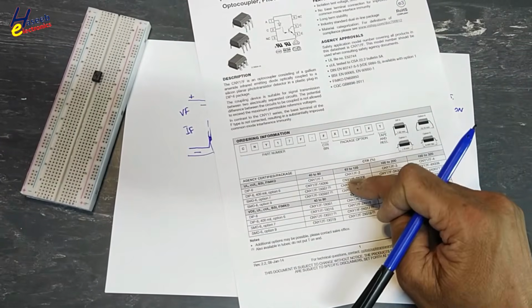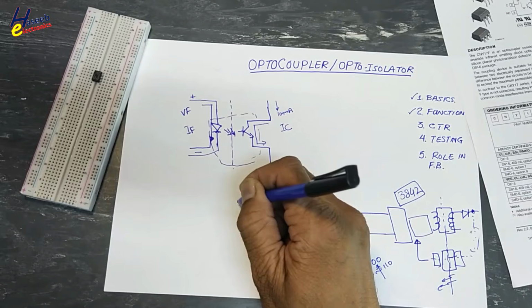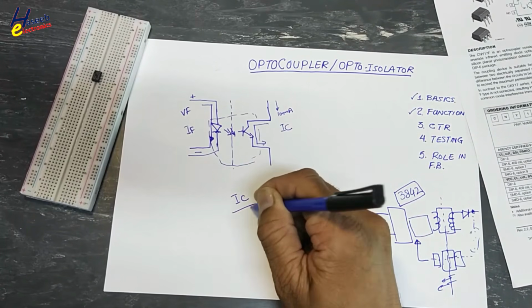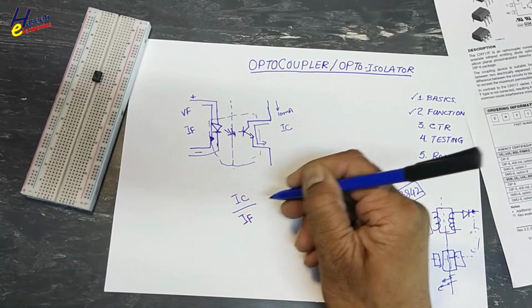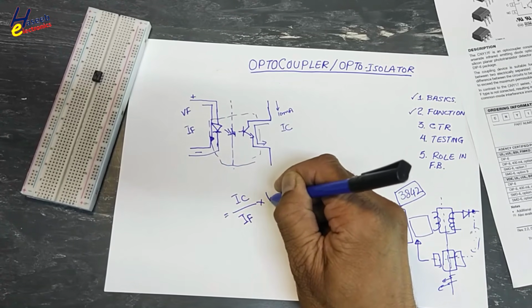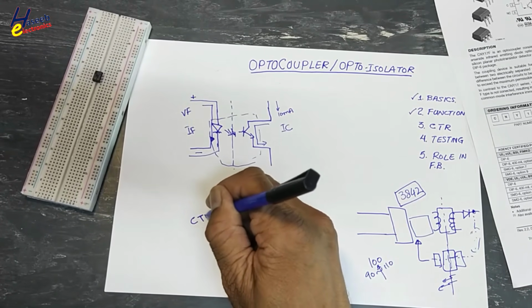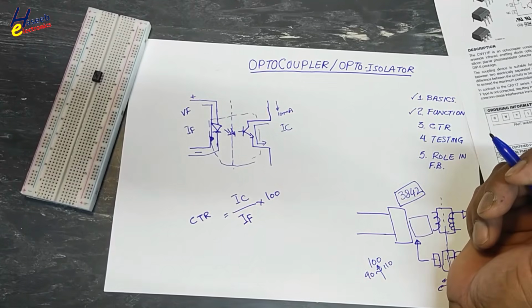In this table, IC, collector current, that is output current. Output current divided by input current, IF, multiply with 100. It is CTR, current transfer ratio.